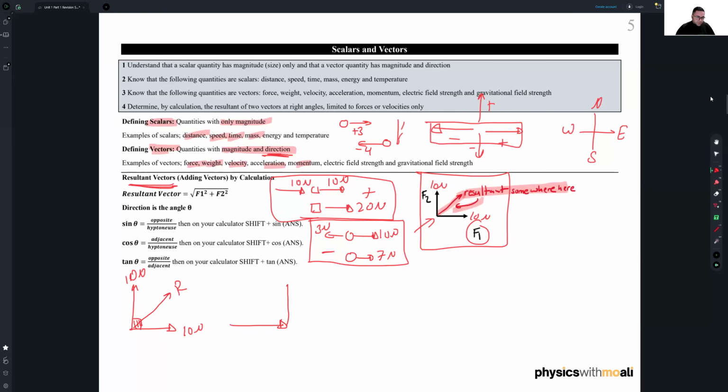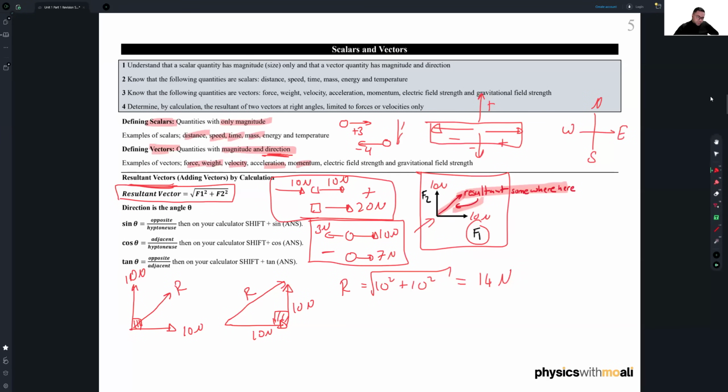If I draw them head to tail, they basically make a 90-degree triangle, which is why the Pythagorean theorem will work. The resultant, R squared, is equal to 10 squared plus 10 squared. But if I want R, I'm going to square root the whole thing. So the square root of 10 squared plus 10 squared gives us 14.14. Just going to say 14 newtons.